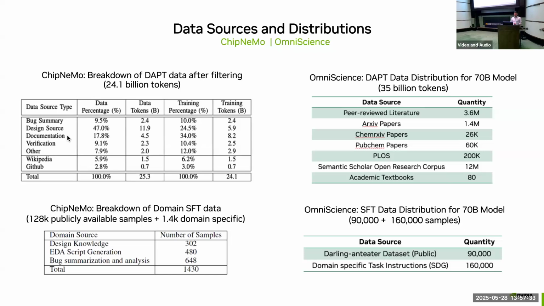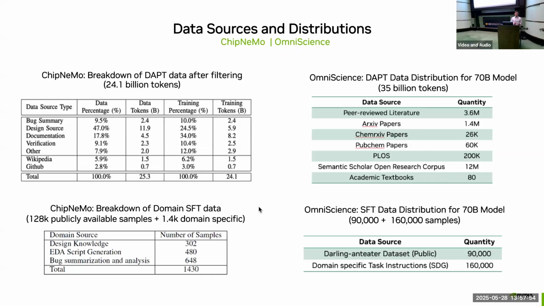Another large percentage of this training data is design source documents as well. We can compare that with the Omniscience continual pre-training data on the right-hand side, where the majority of the documents come from Semantic Scholar, peer-reviewed literature, and arXiv papers.